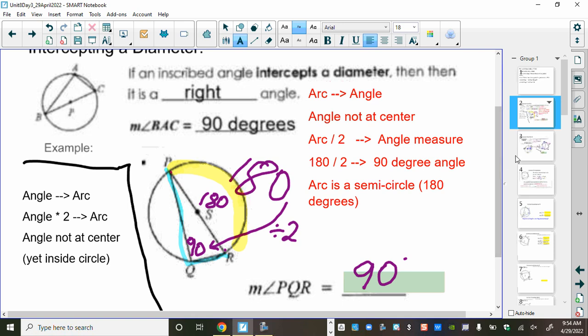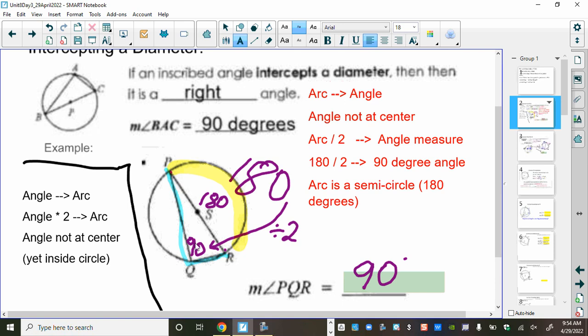All right. So let's say your angle's at the center, you kind of see it here. See that 180 degree, that diameter? That's a straight line angle. That matched up with this arc over here. Unlike here, this angle formed at the diameter.